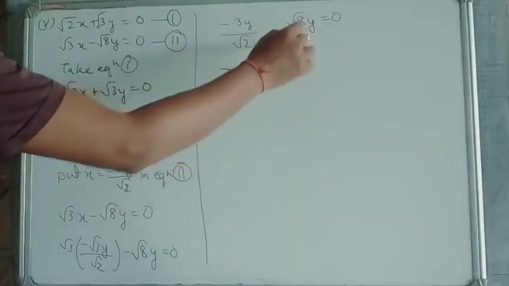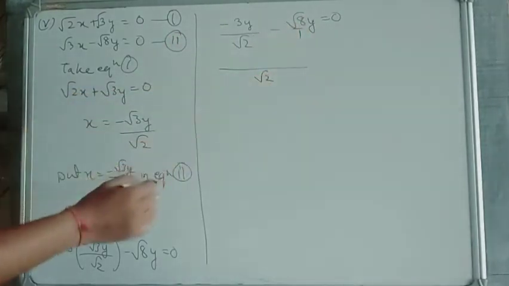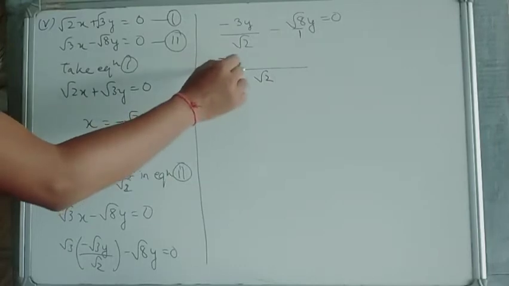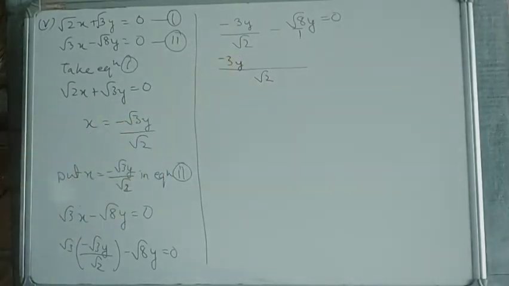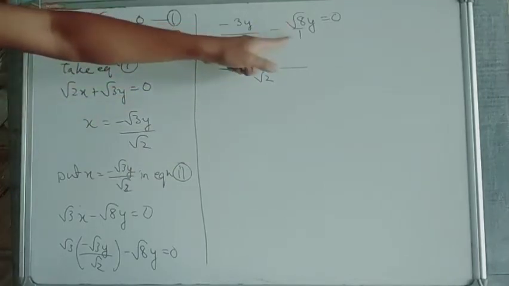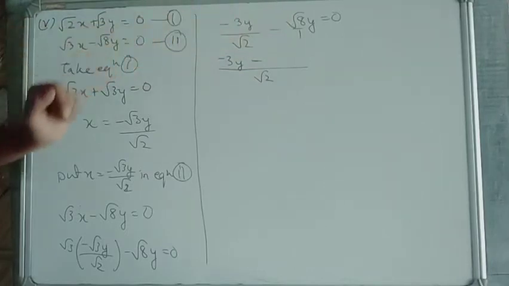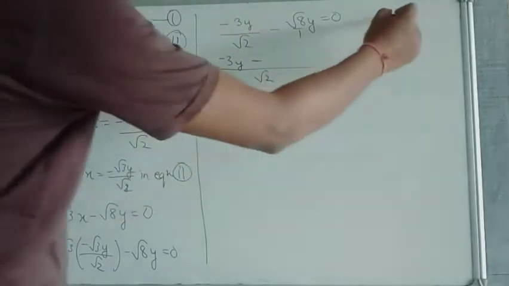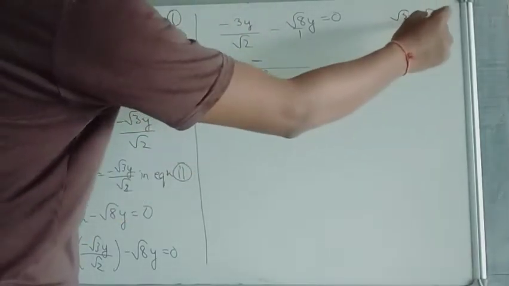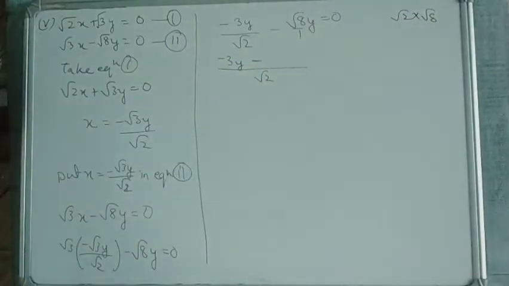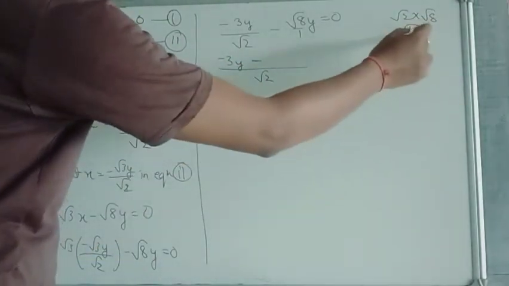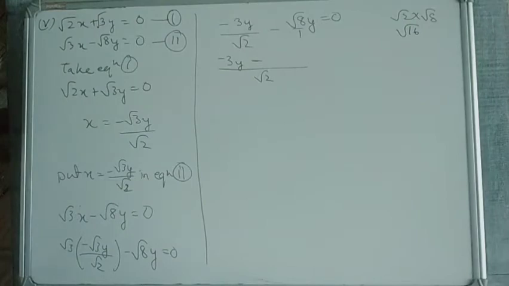LCM we will take; there is nothing, means 1 is there. So root 2 directly: minus 3y minus root 2 into root 8 y. Root 2 will multiply with root 8. Now roots can multiply. Root 2 into root 8 will become root 16. Is it clear? 2 times 8 is 16.